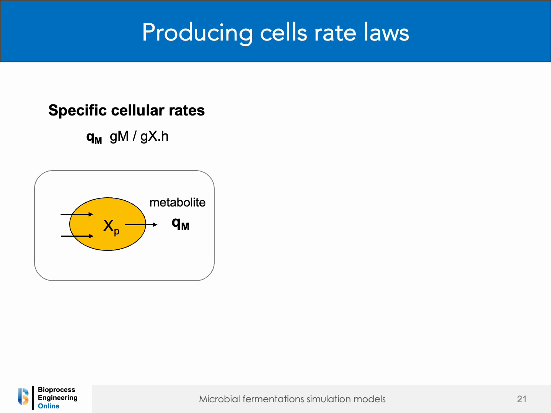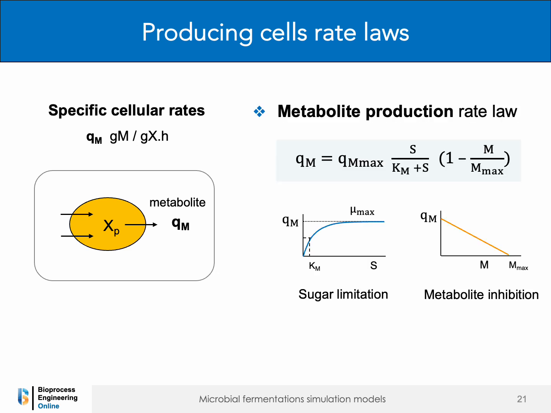What are the rate laws characterizing producing cells? Producing cells consume sugar and oxygen to synthesize metabolites under growth-arrested conditions. In the case of glutamate production by corynebacteria, the specific metabolite production rate, QM, is characterized by a maximum specific production rate, QM max, reduced by substrate limitation and product inhibition terms.